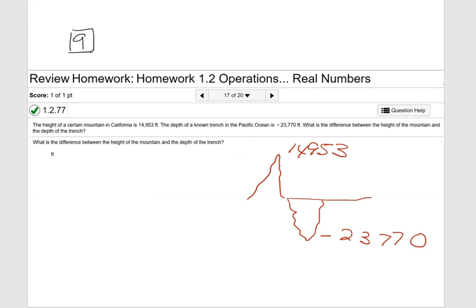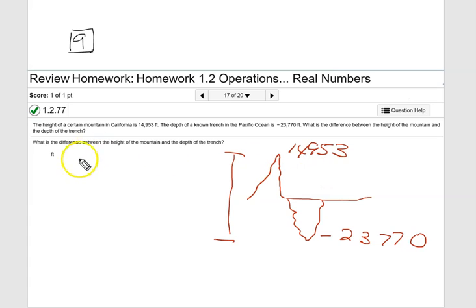Now, for number 9, I'd ask you also to make a little diagram of what we've done here. Here is a mountaintop that has this height, and this is an oceanic trench that is this many feet below sea level. Now, you want to find what is this total distance.